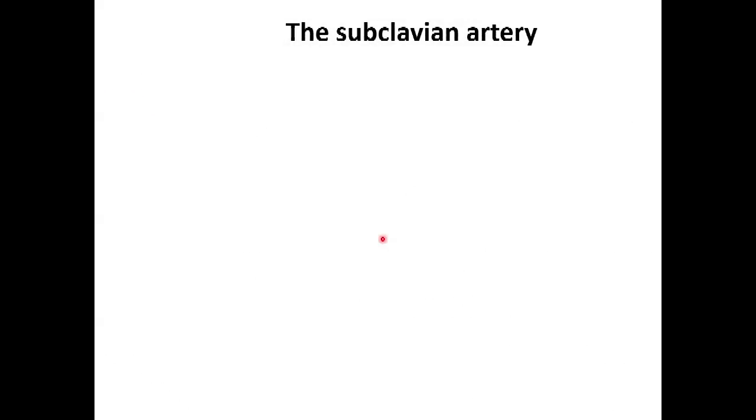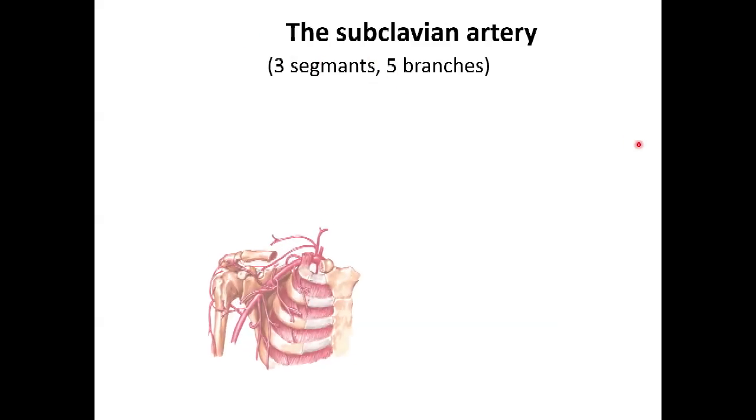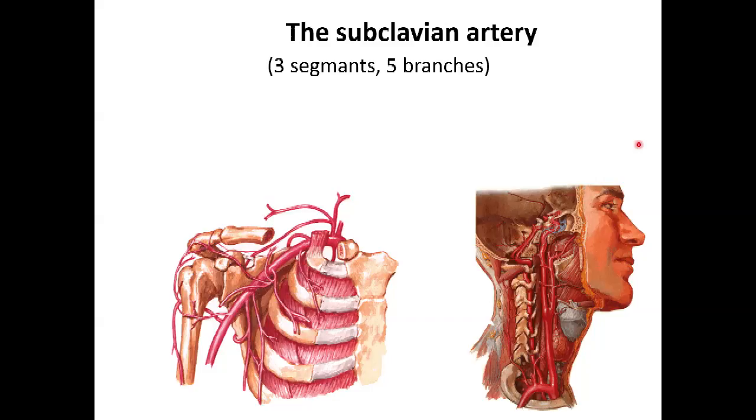Now let's begin from the subclavian artery. You can see that it has three segments and 5 branches. Here it is, two main photos from the anatomical atlases, and the subclavian artery, here it is.